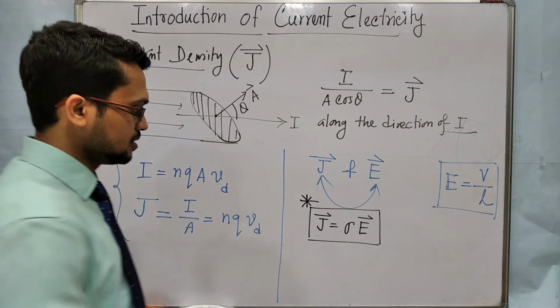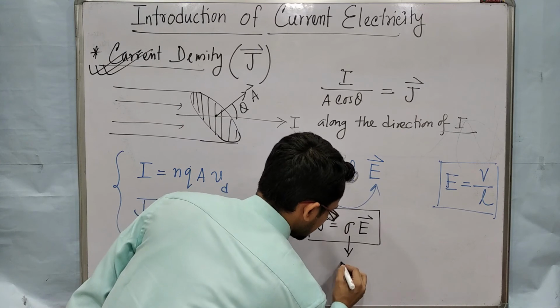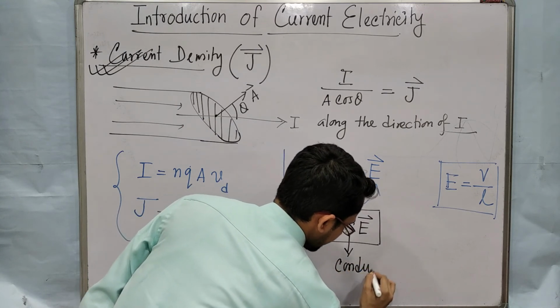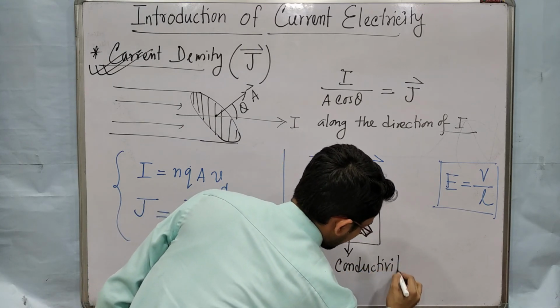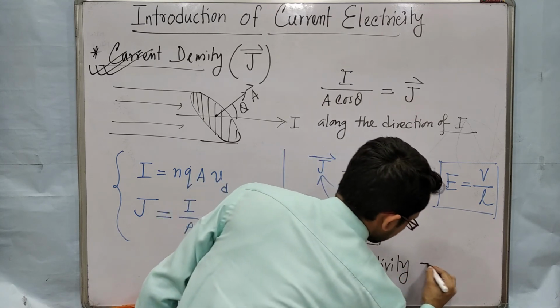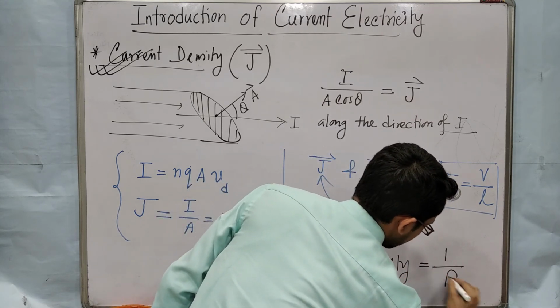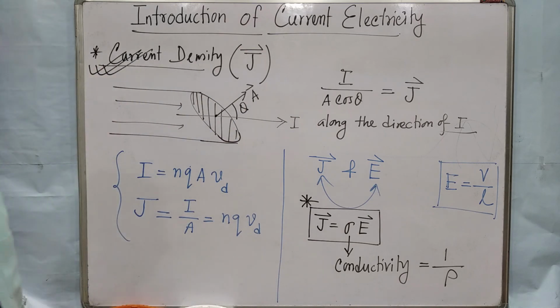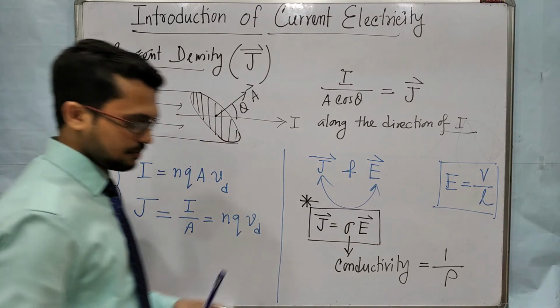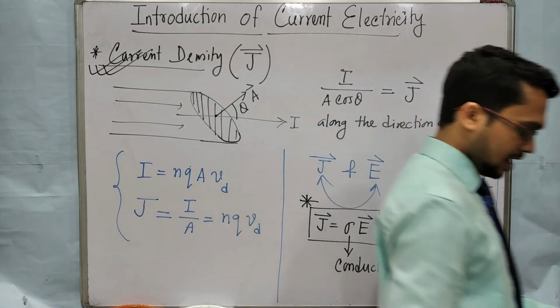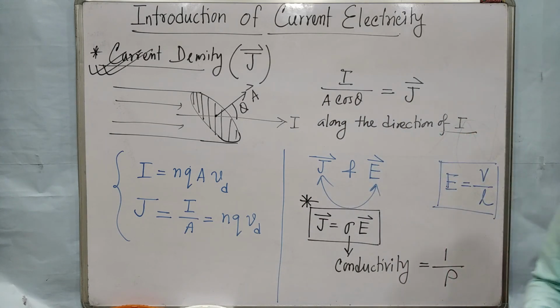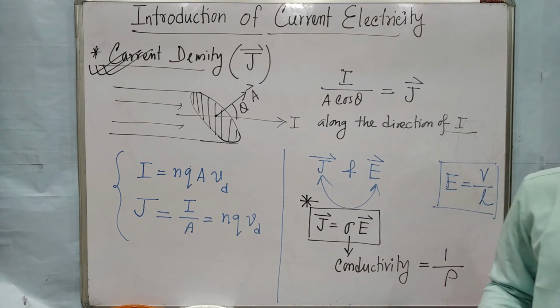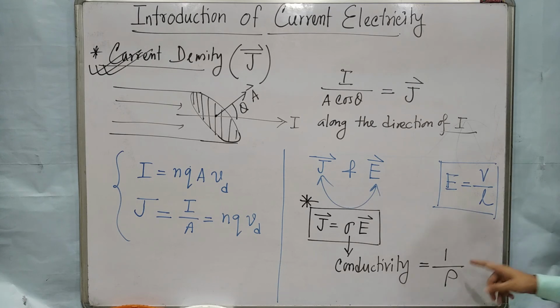What is sigma? Sigma is known as conductivity, and conductivity is basically equal to 1 by resistivity rho. Conductivity is the material property which tells how easily the free electrons can flow through that material, and it will be 1 by resistivity.